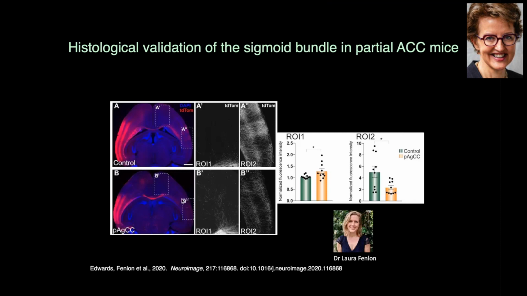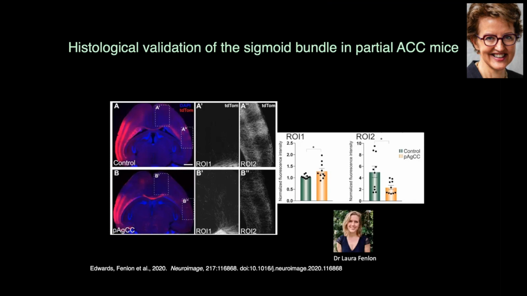And what she found was, in fact, comparing the control littermates with those with partial agenesis of the corpus callosum, and here's the data here, ROI1 is this more frontal area, and ROI2 is the area that would normally be the main target here, which is the homotopic area in the contralateral hemisphere.